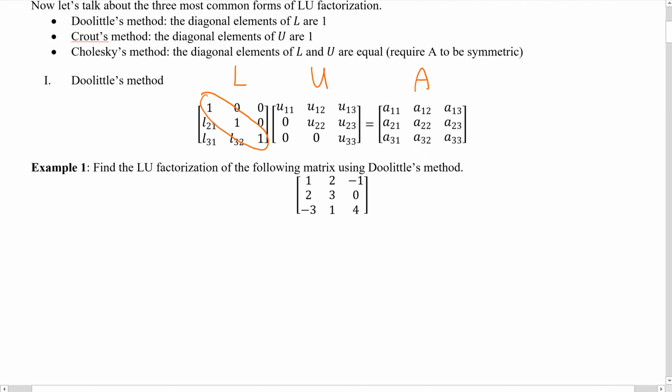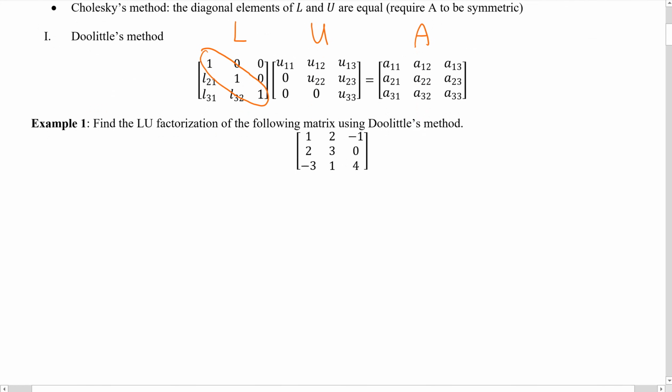Okay, so let's set it up. We set up L, the diagonal is 1, okay? And then the upper triangular entries are 0. And the lower entries: this one is in the second row, first column, so we call it L21. This is L31. This is L32.